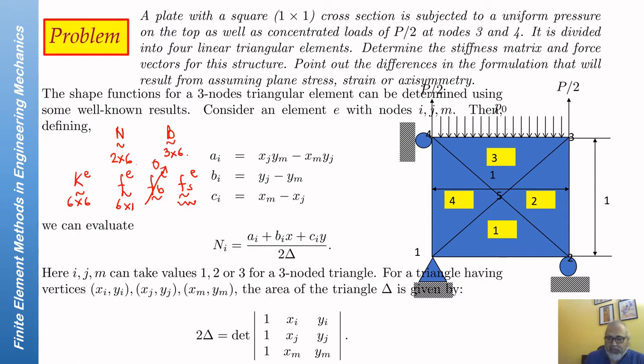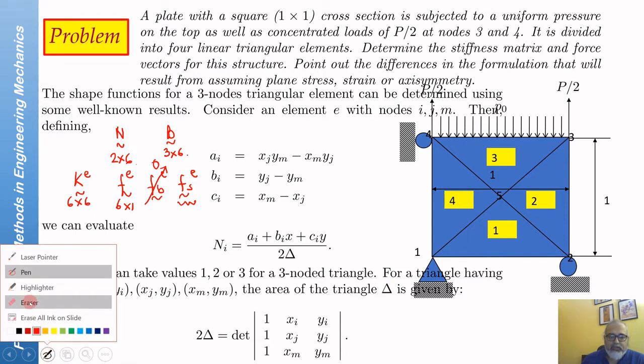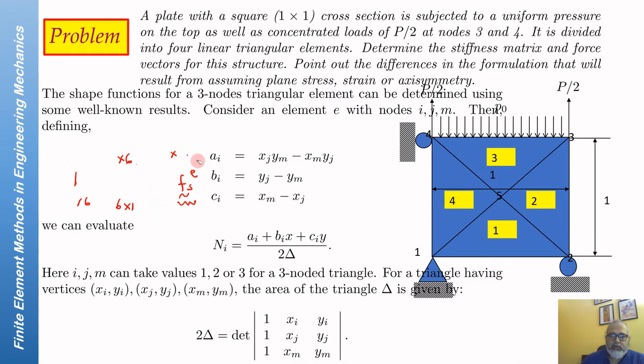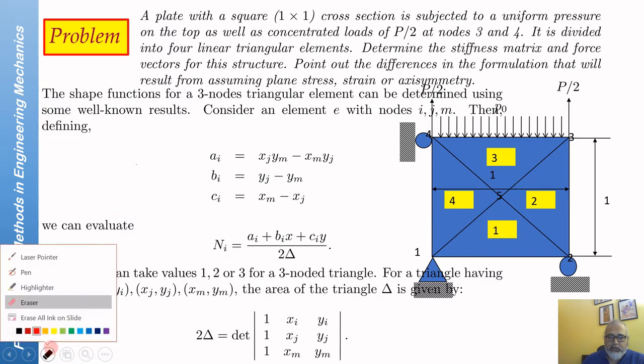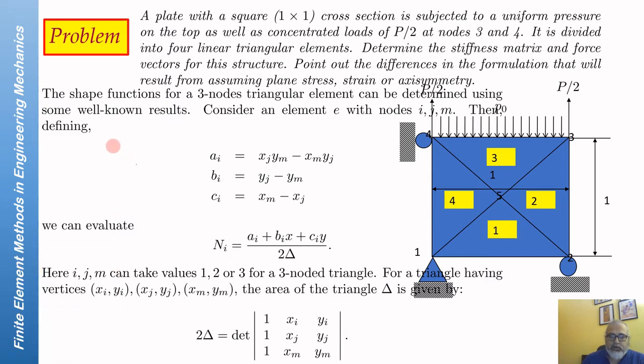Now let us name the element nodes. So let us have this generic element, which we call E, and let the nodes be called I, J, and M, having coordinates xi, yi, xj, yj, and xm, ym in the global coordinate system.